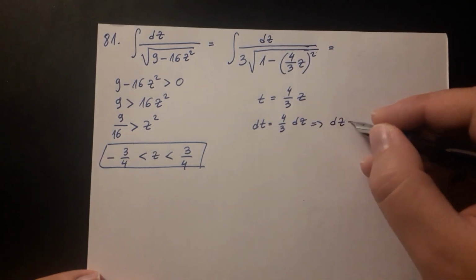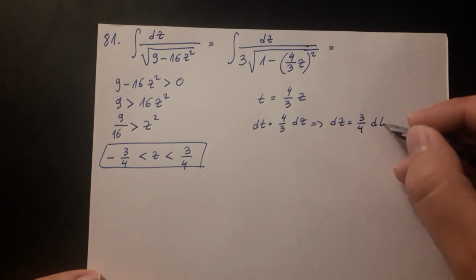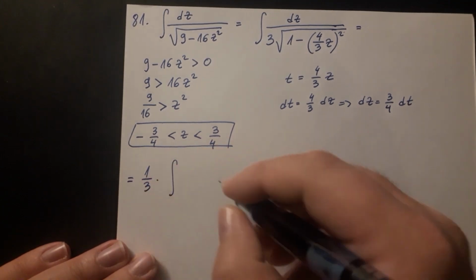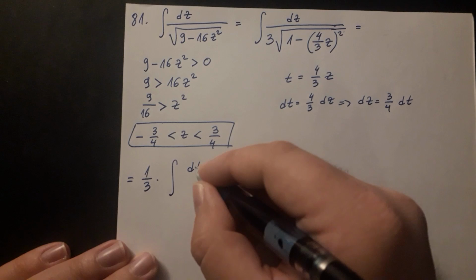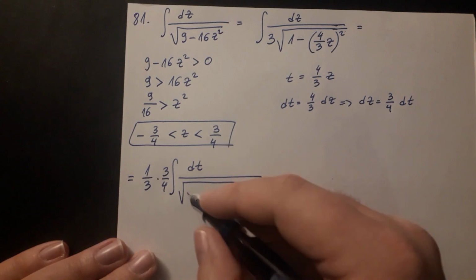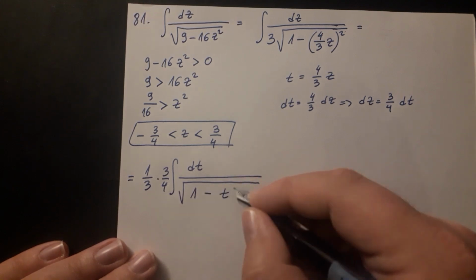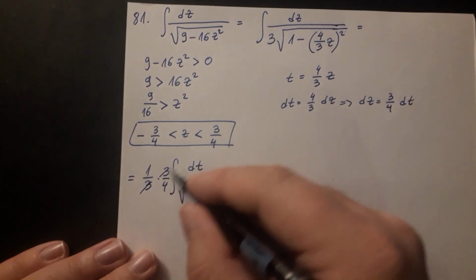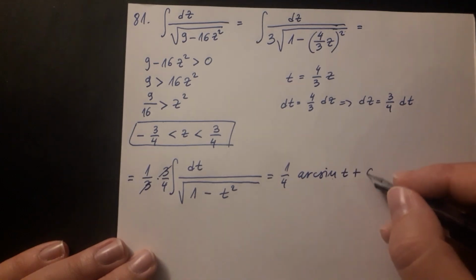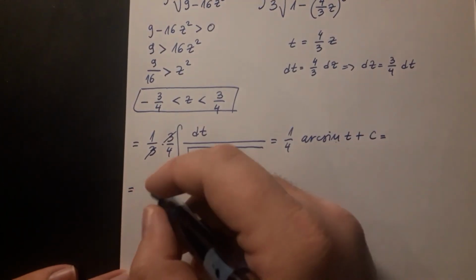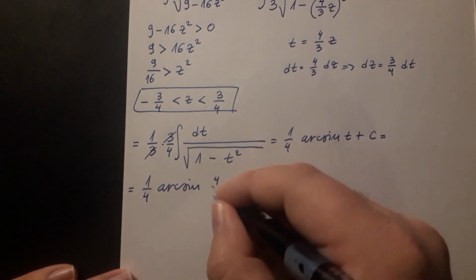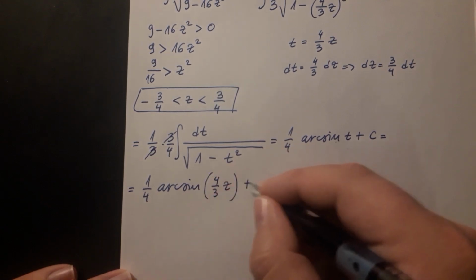Differential of z is then equal to 3/4 of the differential of t, and our integral becomes 1/3 times an integral dz is dt, and 3/4 of that, and in the denominator we have a square root of 1 minus t squared. This is then equal to 1/4 of arcsin of t plus an arbitrary constant c, which is equal to 1/4 of arcsin of 4/3 of z plus c.